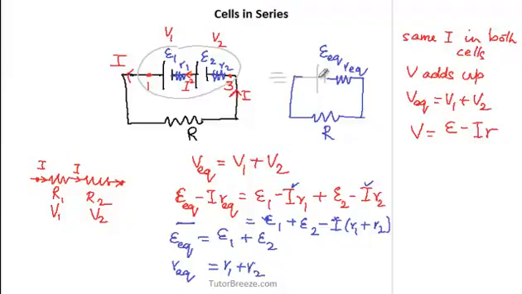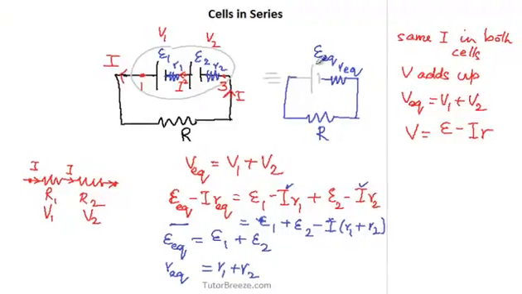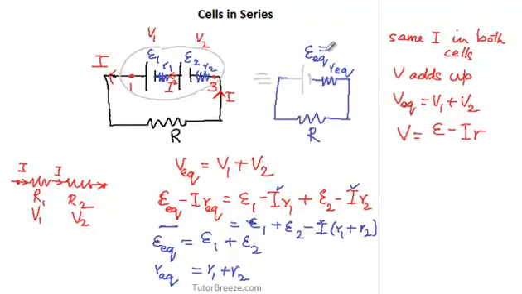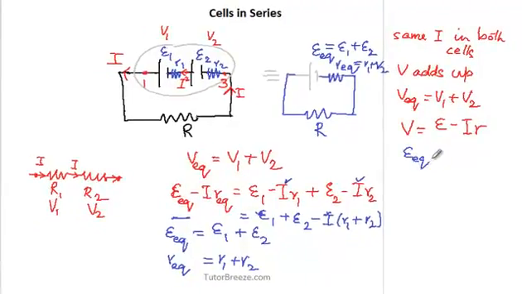Now this means that the equivalent EMF of this cell would be the sum of the EMFs of the two cells, and the equivalent resistance would also be the sum of the two resistances. So we have E equivalent equal to E1 plus E2 and R equivalent equal to R1 plus R2.